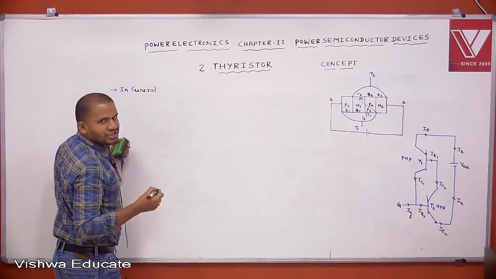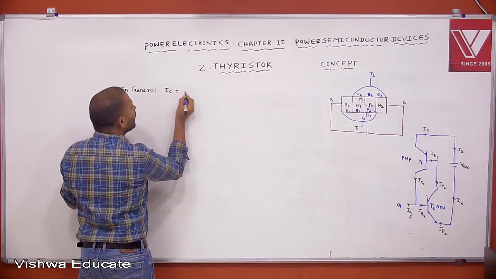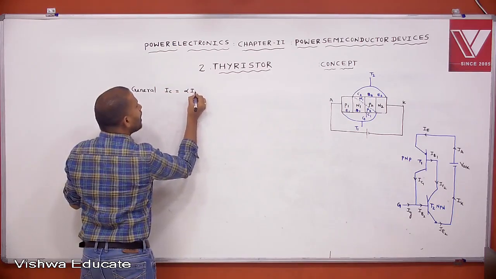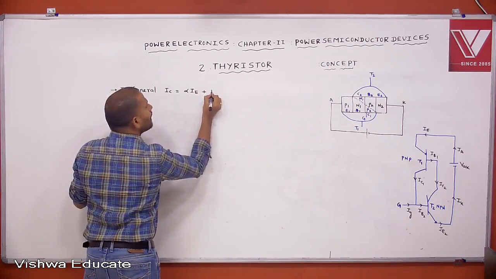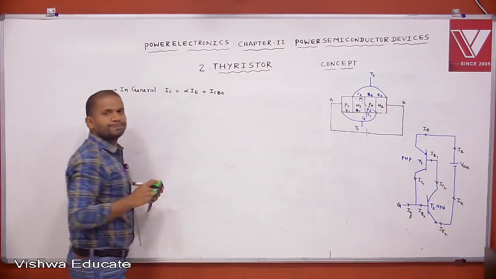For any transistor, we know IC equals alpha IE plus ICB0. This equation we have studied in analog electronics.